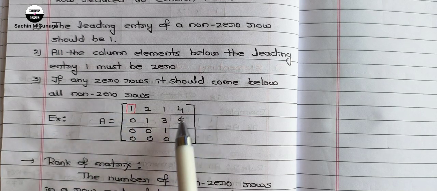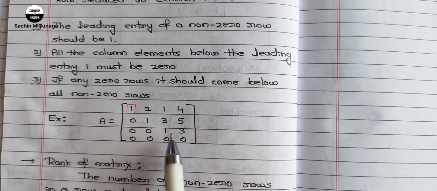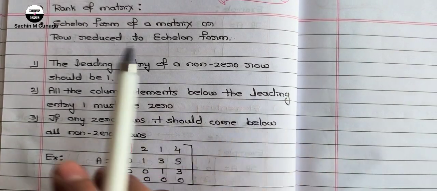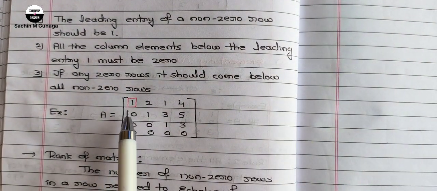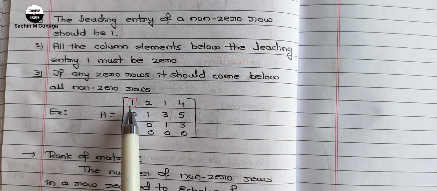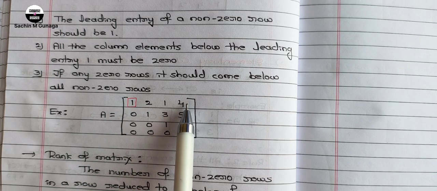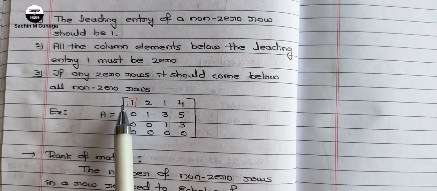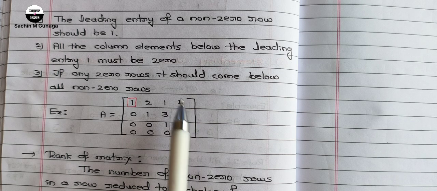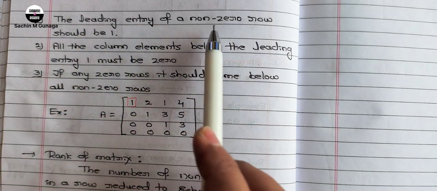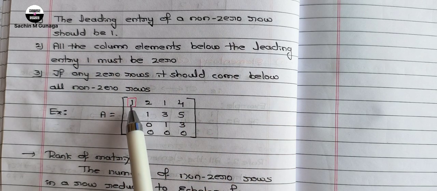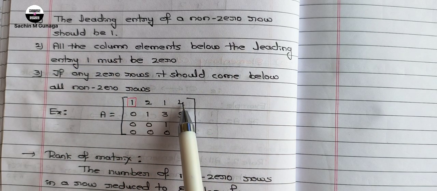Consider this example. This matrix is already in echelon form, because you can see this first row is a non-zero row, correct? Again, the leading entry of a non-zero row should be 1. This is the leading entry of this non-zero row, and it is already 1.